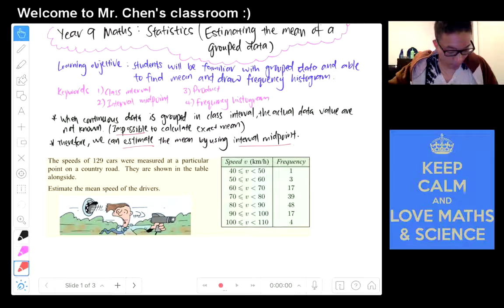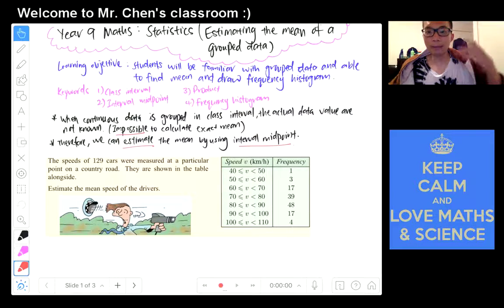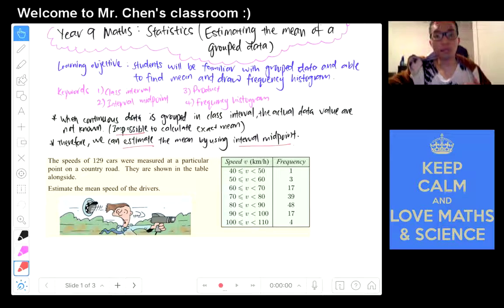I am going to talk about statistics today, but we're going to focus on estimating the mean of group data. So let's begin. I remember in the last videos we went through how to do mean and median. So there's a quick recap. Mean is the average of the data set, the center of the data.